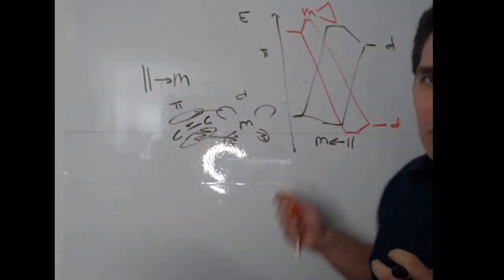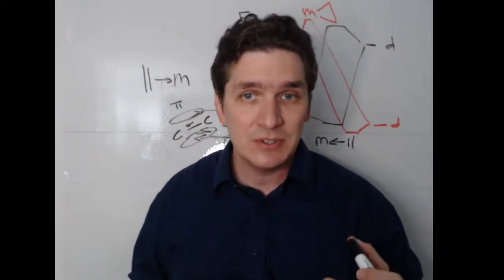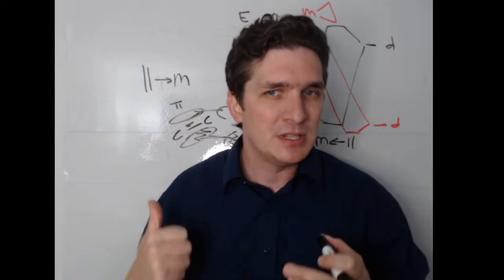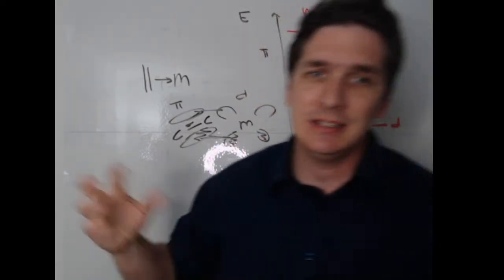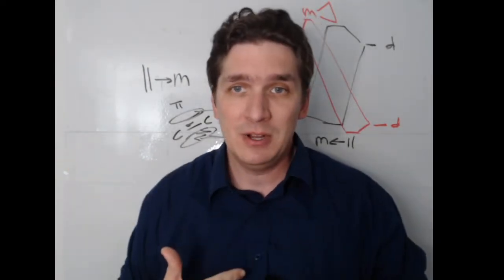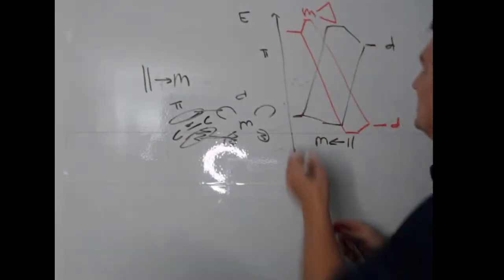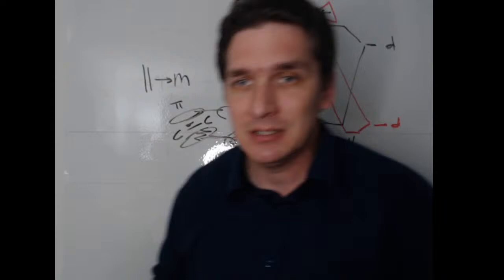One is a very loose bond where what's really holding them together are charge differences. There is a bond being formed, but it's not a particularly strong bond. To the other extreme, where the metal has actually taken electron density away from that double bond and formed a carbon-metal bond, in addition to the bond that was forming down here. So we effectively have a double bond back to the metal.